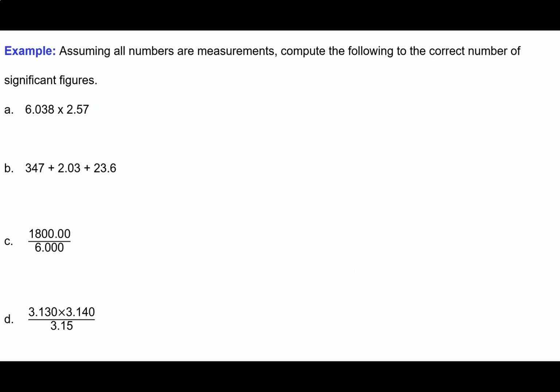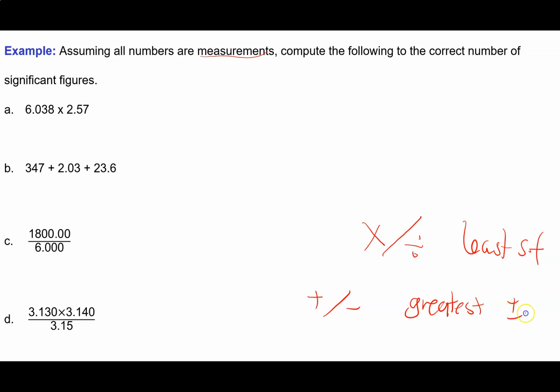So let's have a look at some real problems now. It says, assuming all numbers are measurements, so nothing exact, compute the following to the correct number of significant figures. So we've got our 2 rules, multiplication and division, we have to go with the least sig figs, and then adding or subtracting, we go with the greatest uncertainty.